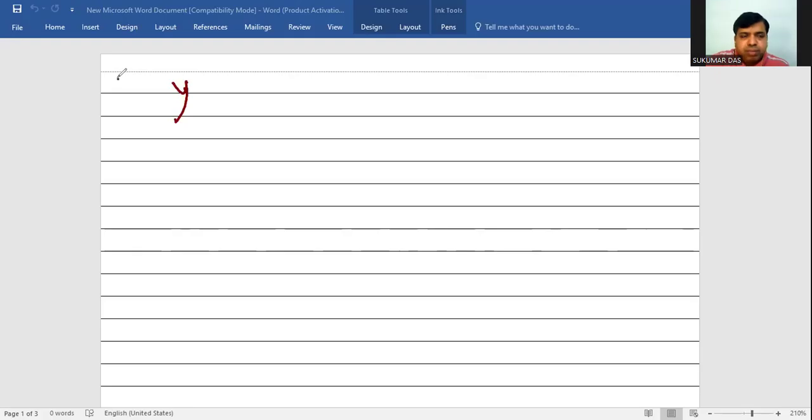Our first example we will take y is equal to (x minus 1)(x minus 5) squared. This is our one example. So one by one, you have to tell me.